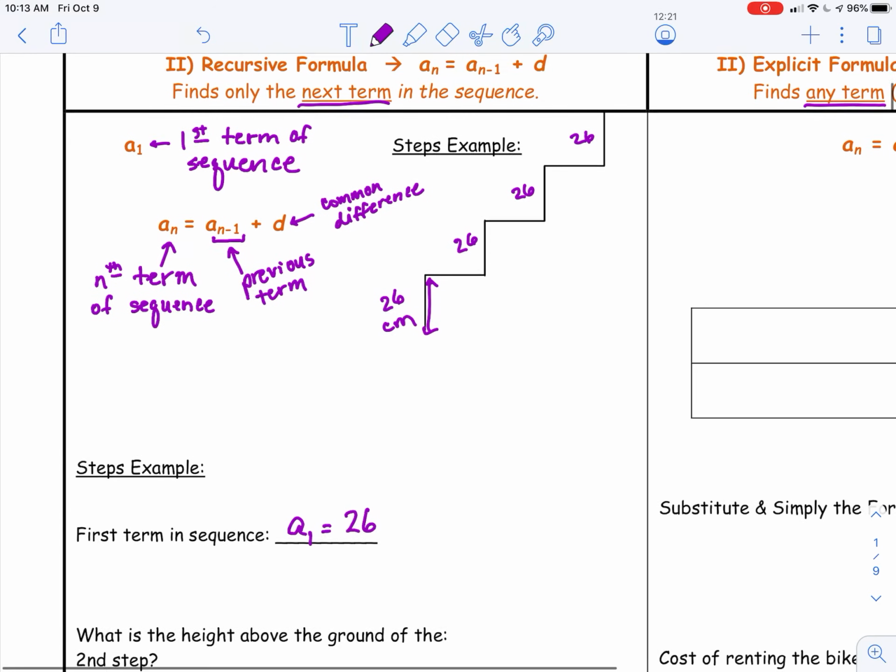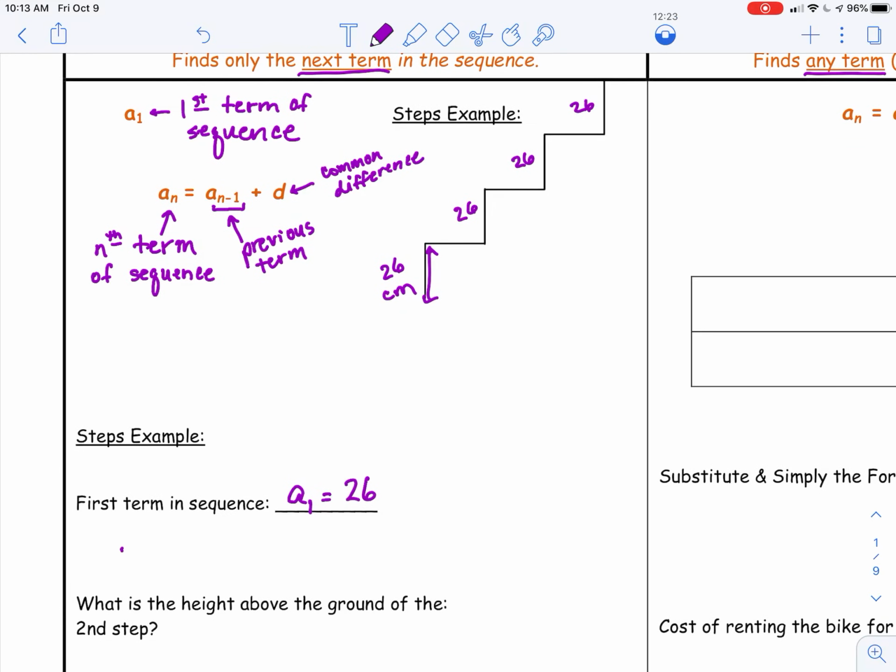Okay, and below this, we're going to write our formula again so we don't lose sight of it, and the more we write it, the more it becomes solid in our minds. So a sub n, or the nth term of a sequence, equals the previous term plus d.